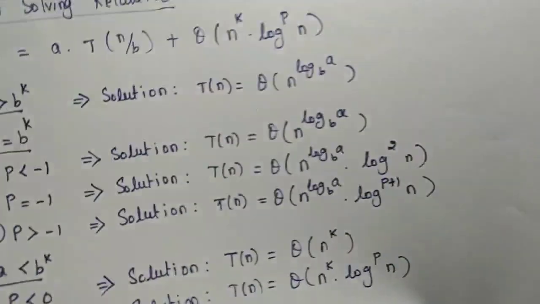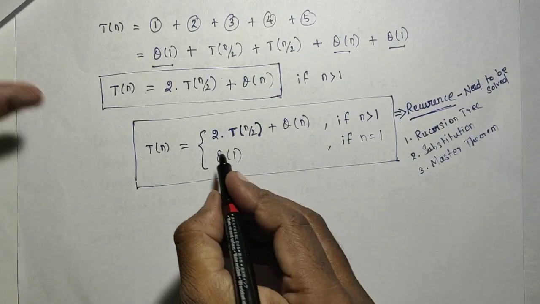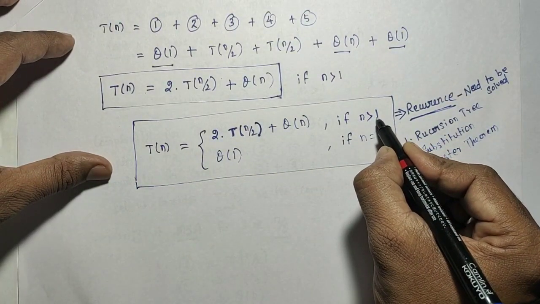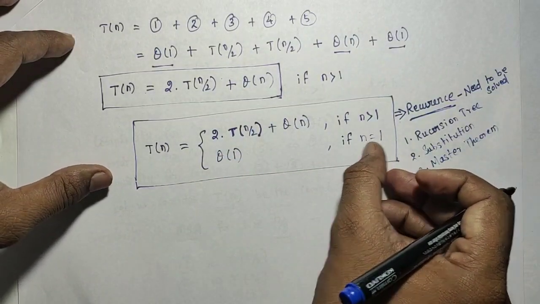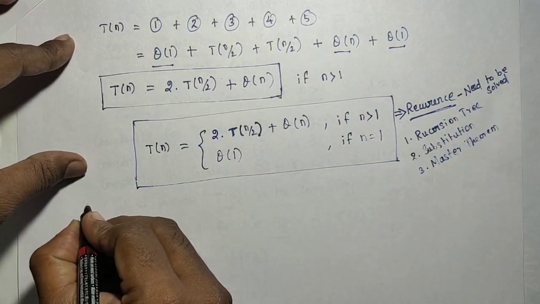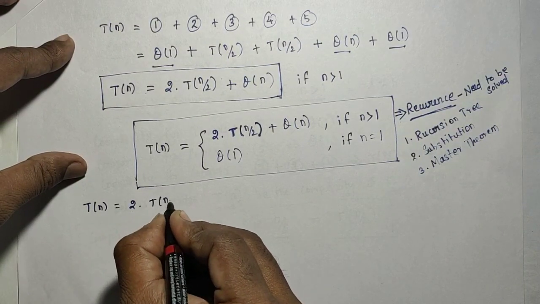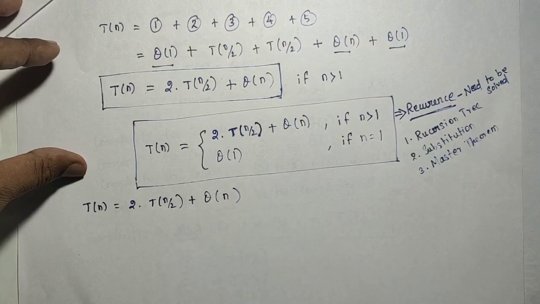Now refer to this and use it to solve your recurrence. Consider T of n equals 2 into T of n by 2 plus theta of n, for n greater than 1. The case n equal to 1 is already known.